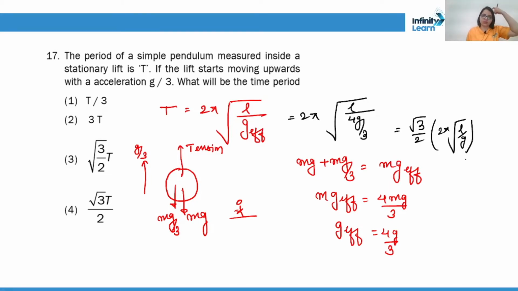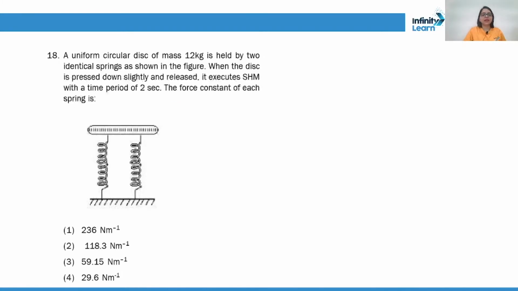Time period T is 2 pi under root L upon g when this lift is stationary, right? So it can be written as root 3 by 2 into capital T. So the correct answer is option 4. Next is question number 18.